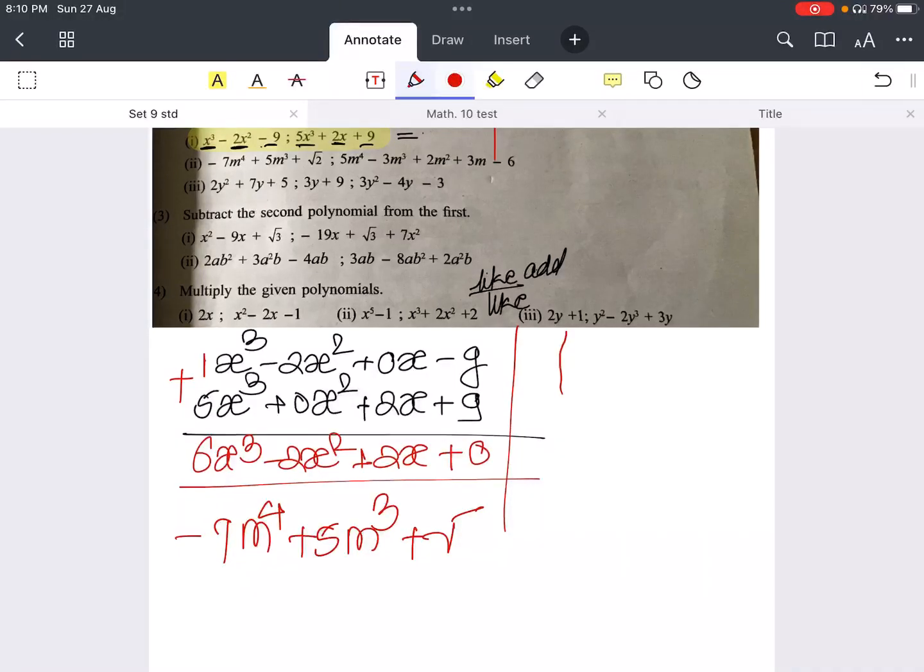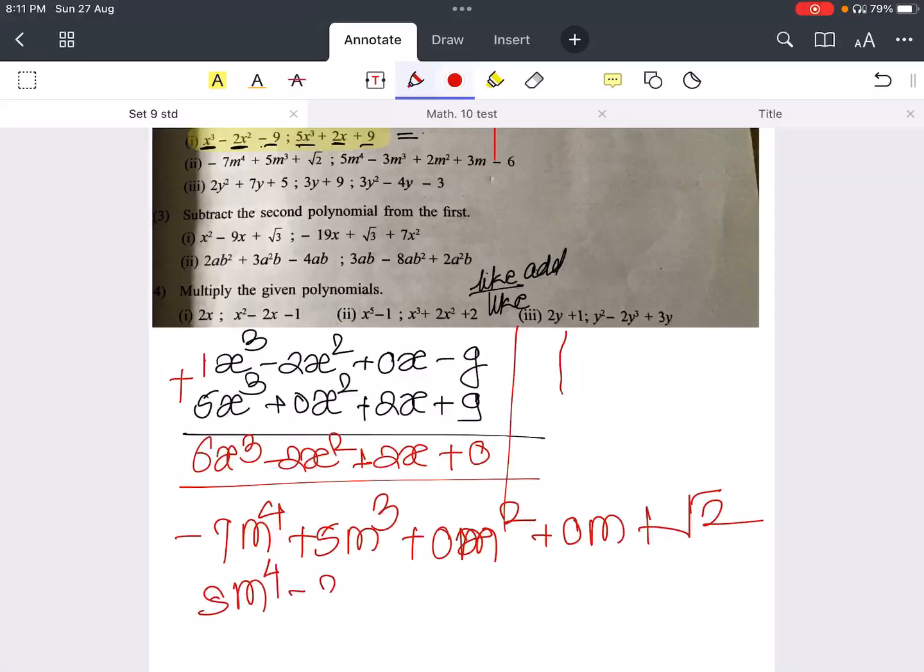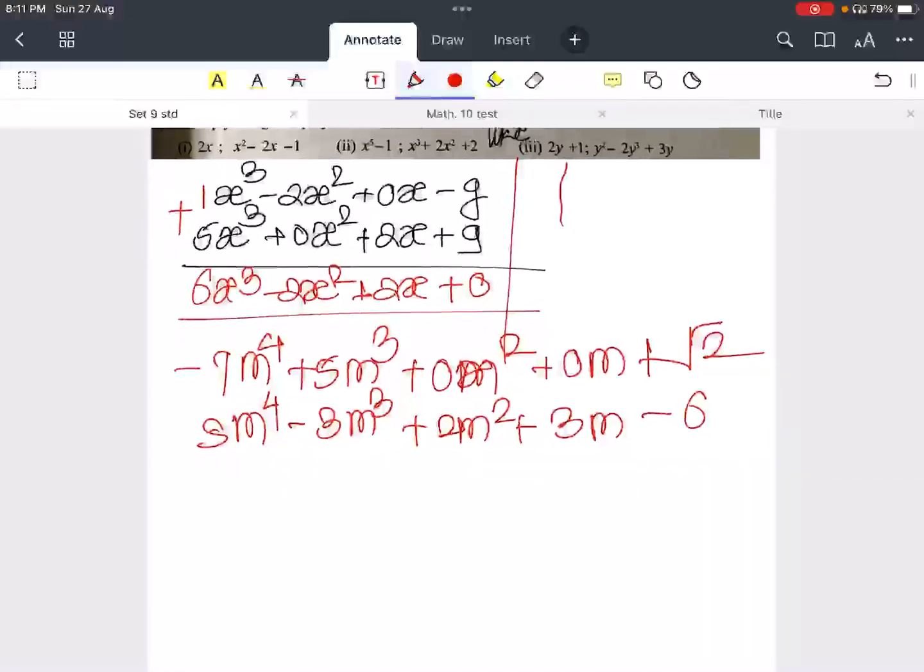So instead of that, root 2, we will just write 0m raised to 2 plus 0m plus root 2. And the last one, 5m raised to 4 minus 3m cube plus 2m square plus 3m minus 6. Okay.